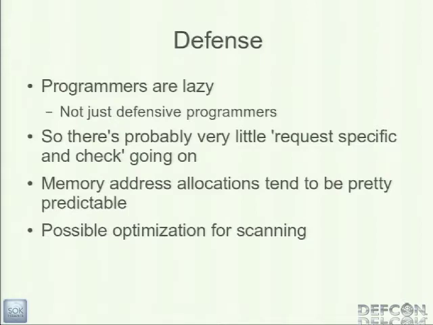Most of them just request that you allocate a certain size, and you get contiguous pages in memory, and the base of those pages tends to be pretty sequential. So if you wanted to optimize your scanning for where reflectively injected DLLs might be, one way from a defensive perspective would be to intentionally insert yourself into another process and see where the allocation happens, and then work backwards from there, so that you're not trying to scan all of memory all the time. Just a possible optimization.